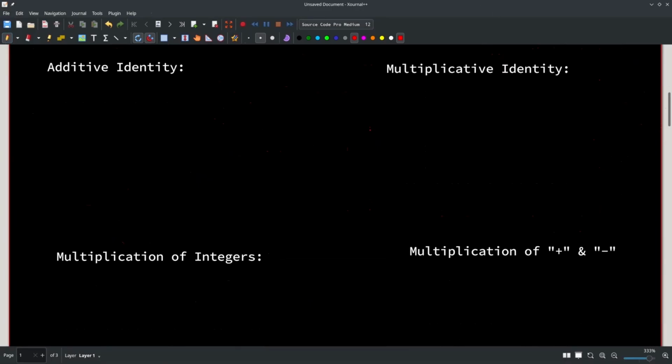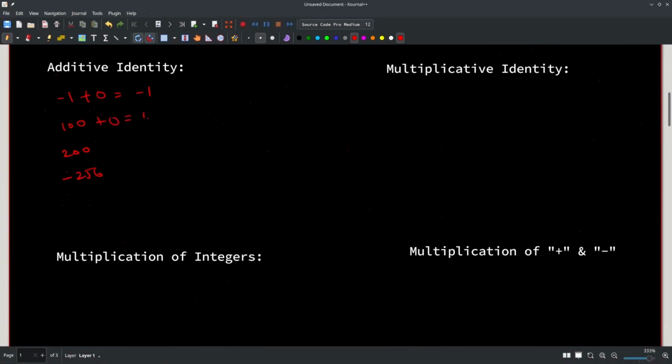So let's go on and check the additive identity. The additive identity states that you have any number, any integer, let's say -1, or let's say 100, or let's say 200, or let's say -256. So these are kind of big numbers. If you add 0 to them, they're going to be the same.